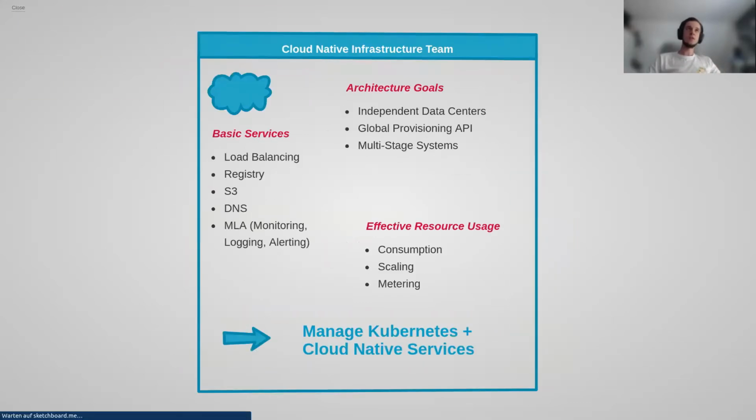And to provide this basic structure, this is basically where our team comes in, and we are the cloud native infrastructure team. We provide the platform to host the Kubernetes clusters and to create those Kubernetes clusters, but we also provide a couple of basic services that we will see in a couple of minutes that are also needed to run your data center independently.